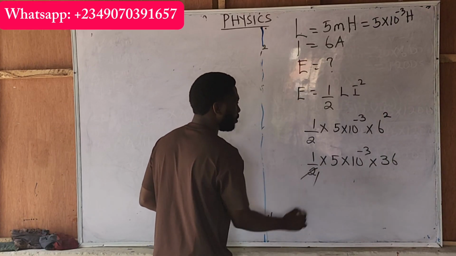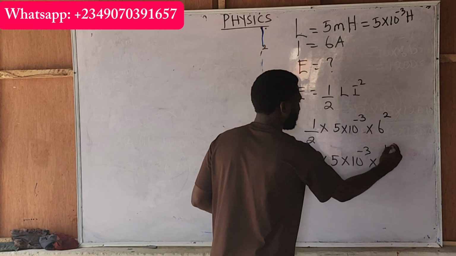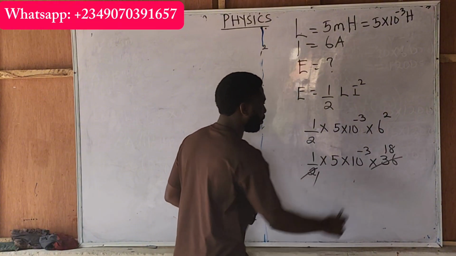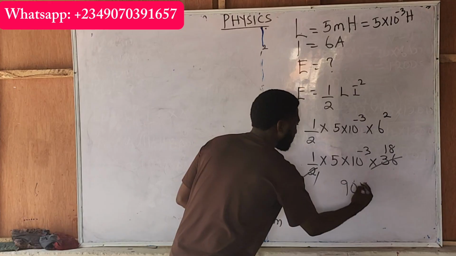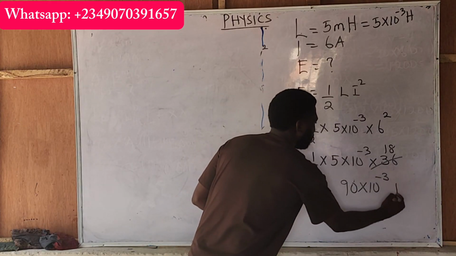So 2 here into 36, that is 18. So 18 multiplied by 5 will give us 90. Then we have times 10 raised to the power minus 3 joules.